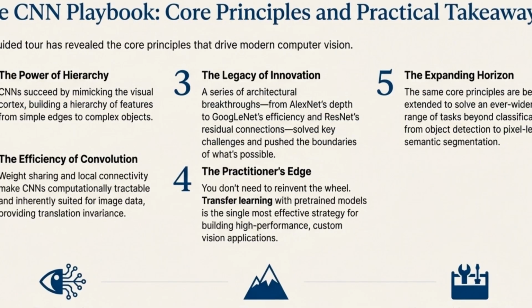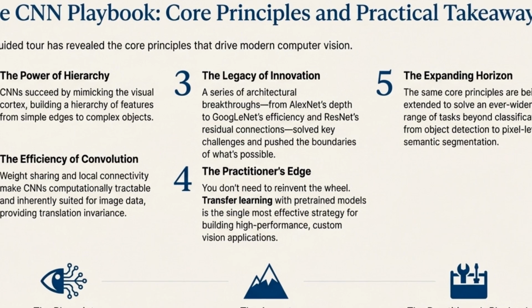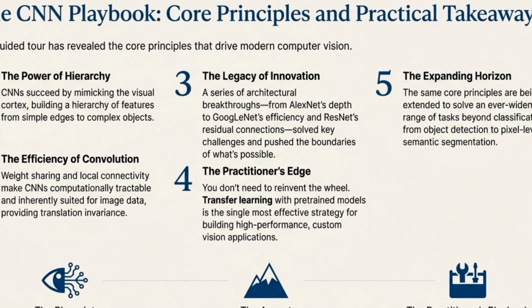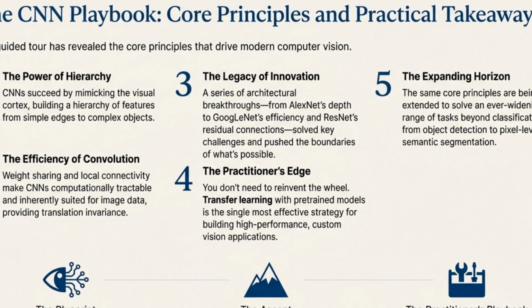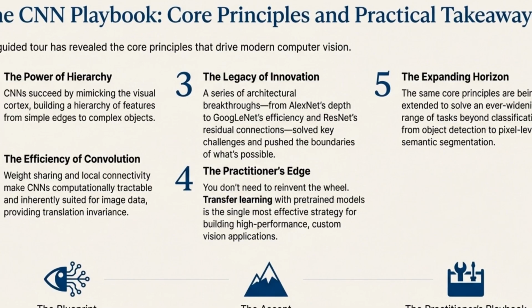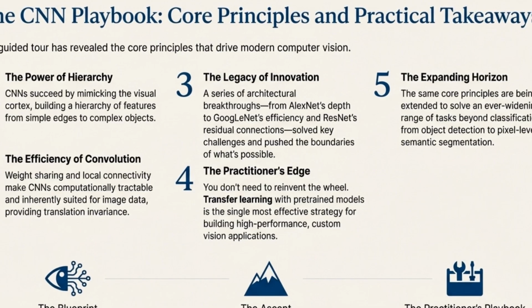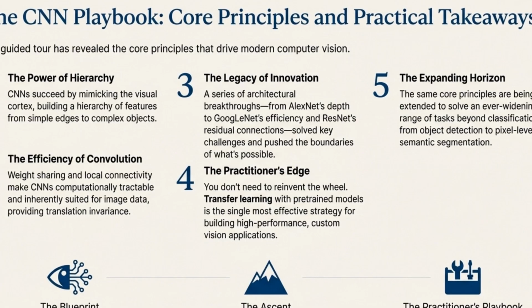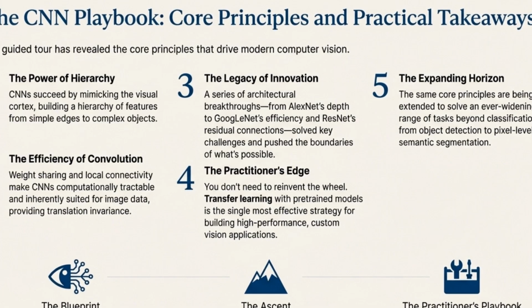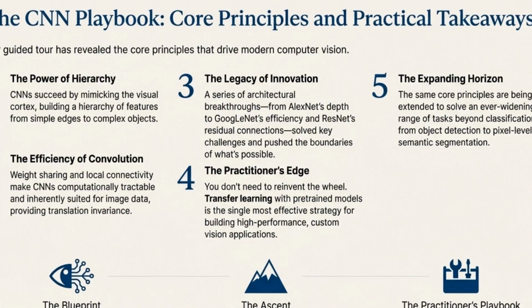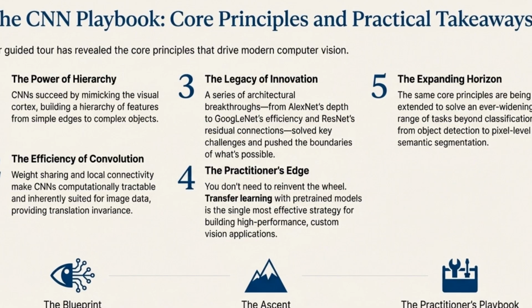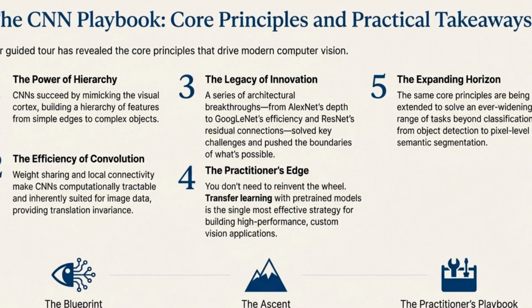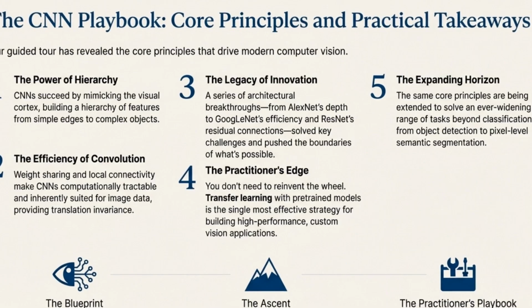We have now completed our guided tour of the CNN revolution, tracing its lineage from biological inspiration to the bleeding edge of computer vision. Let's summarize the core principles and practical takeaways that drive this field. First, the power of hierarchy. CNNs succeed because they mimic the visual cortex, building complex features from simple edges in a structured, hierarchical manner.